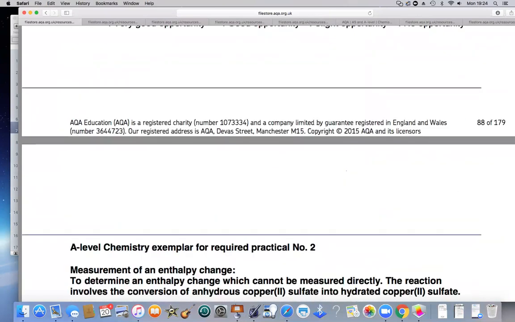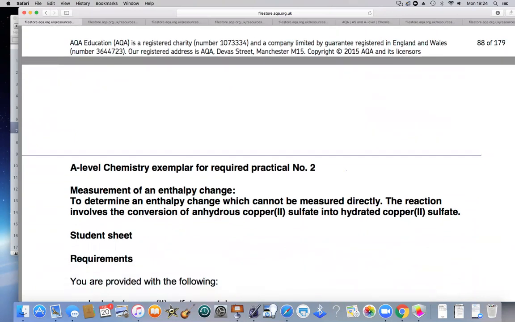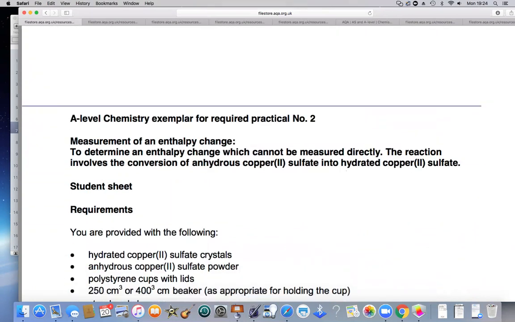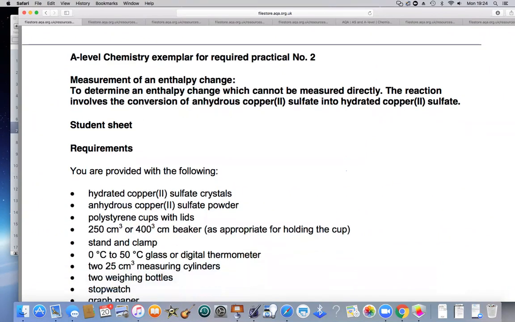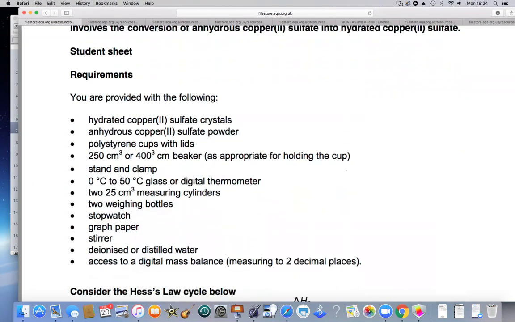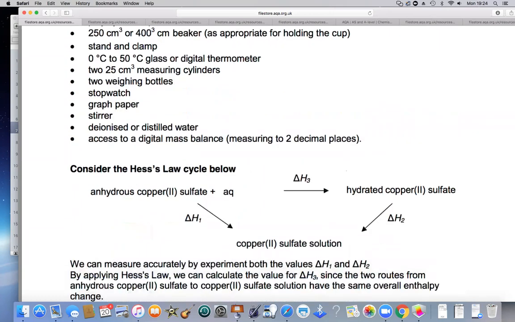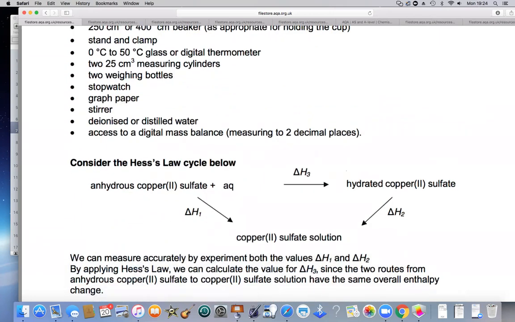Move past all this, not too worried about that. This is a really good one because, in addition to enthalpy change, it also requires knowledge of Hess's law. I use this one myself. The conversion of anhydrous copper sulfate to hydrated copper sulfate. So anhydrous copper sulfate is white, has formula CuSO4. Hydrated copper sulfate, they're the blue crystals with formula CuSO4.5H2O.